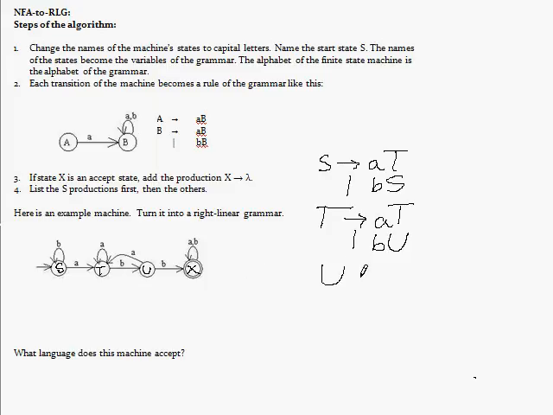U has a transition on A that goes to T. It has a transition on B that goes to X, and it is not an accept state. X has a transition for A that goes back to X. You've got to separate them now. You can't put a comma here. It has a transition for B that goes back to X, and because it's an accept state, we add OR lambda. And that's our grammar.